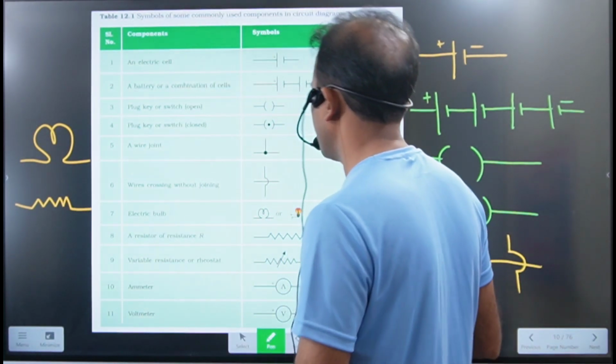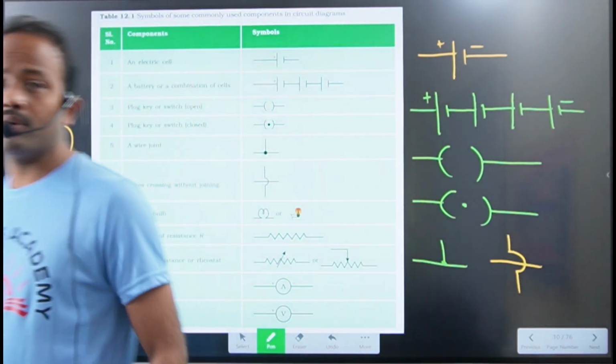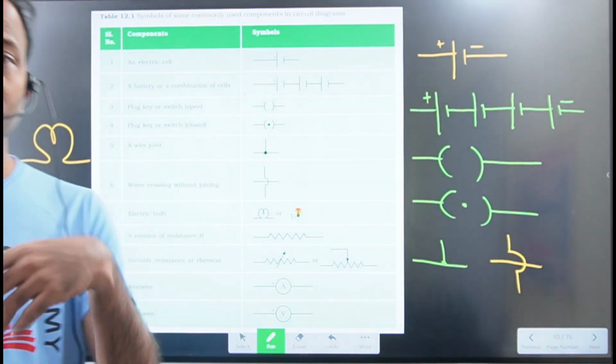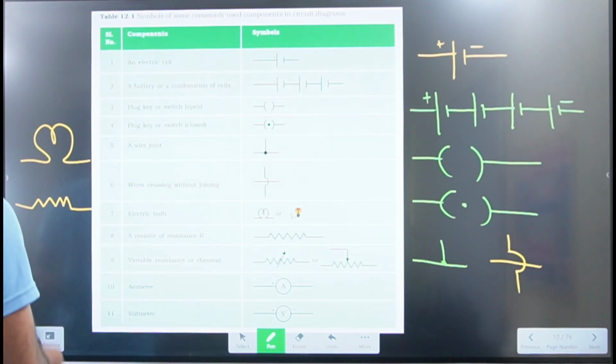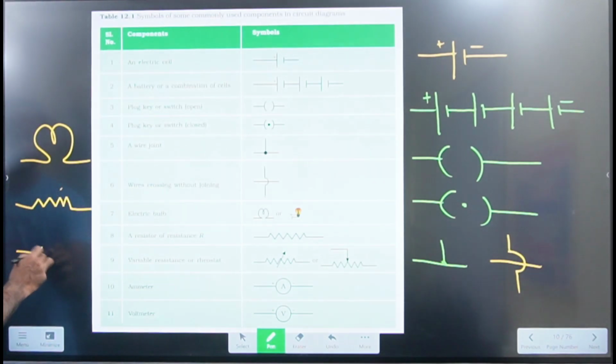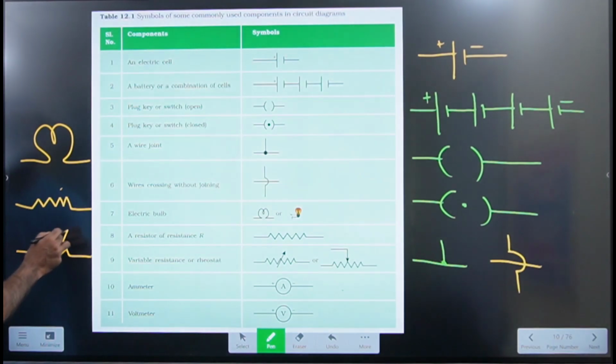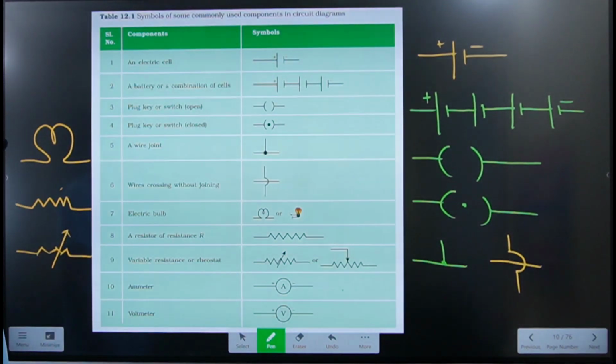And we have a variable resistance. Variable resistance means the resistance in this circuit can be varied, so you represent it with this symbol. We can adjust the resistance by using this variable resistance, and we also call it a rheostat.